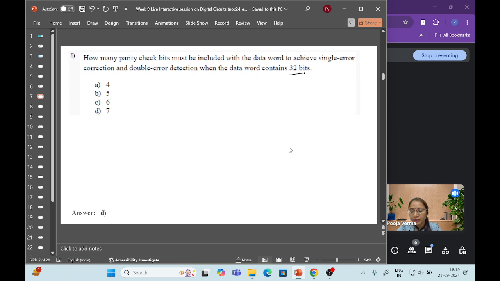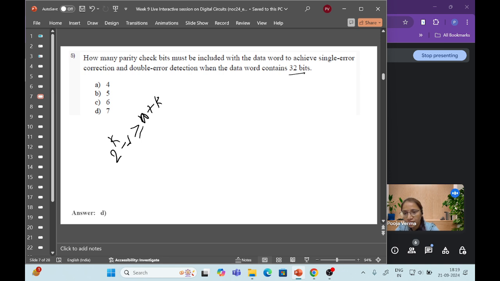Here, in order to find the number of parity check bits for the given number of data bits, the equation is: 2 to the power k minus 1 is greater than or equal to n plus k.